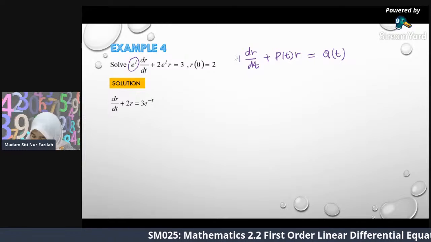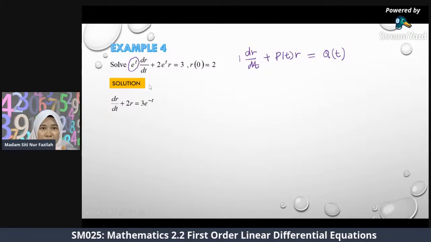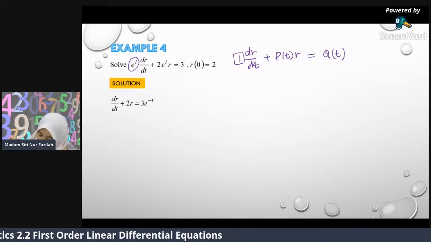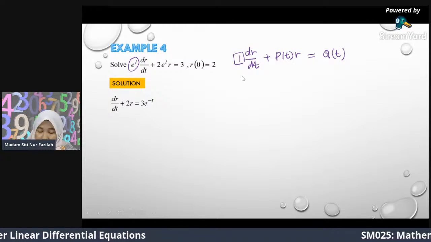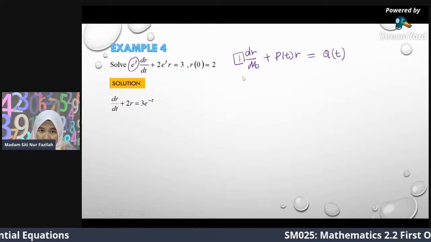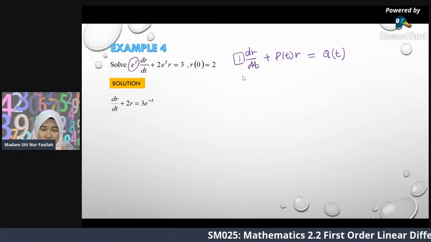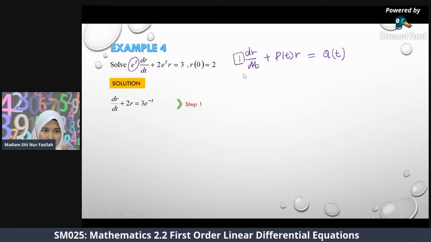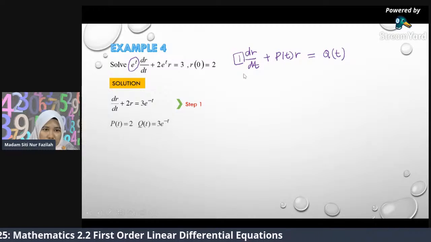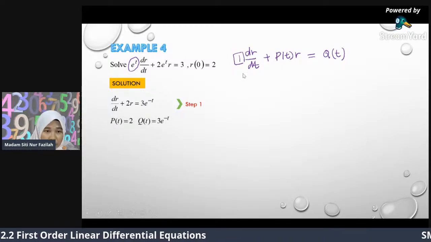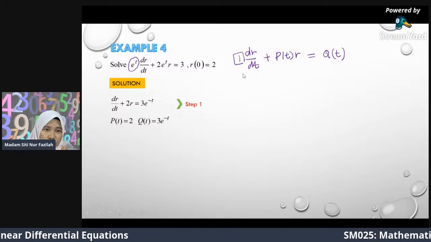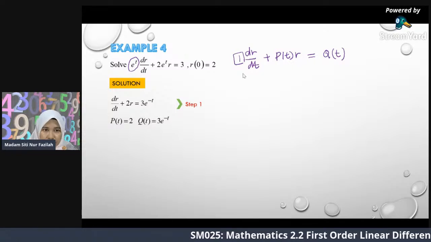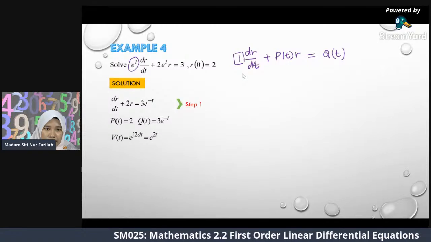Then we compare to the standard form dr/dt + p(t)r = q(t). We get p(t) is positive 2, and q(t) is 3e^(-t).